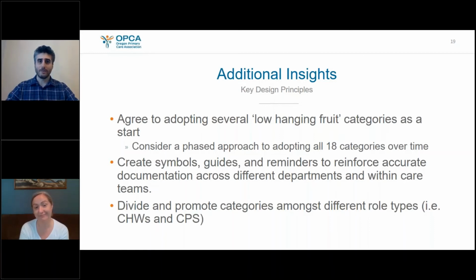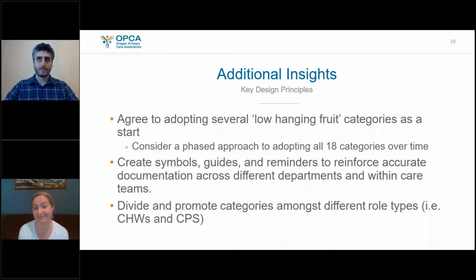I would just focus on adopting several of the low-hanging fruit categories, those categories that you're already doing, that could be easy to document, and start championing the documentation of those categories. It could be over the first 3 months, first 6 months, or that can be your focus area for a year, assuming the state's okay with that. And then from there, you can build towards adopting all 18 categories.